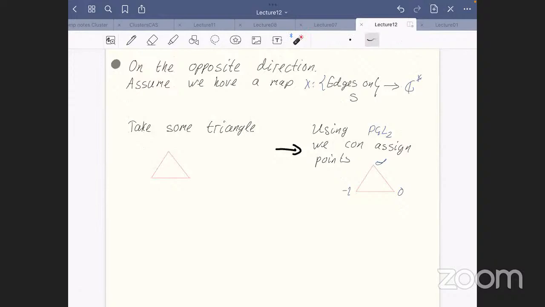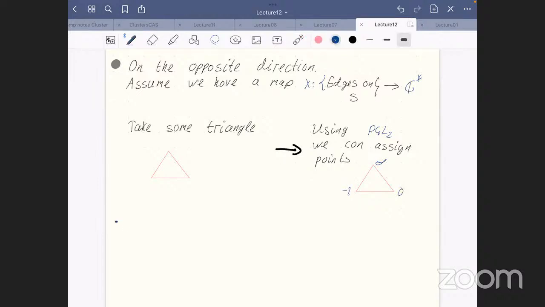PGL2 acts freely and transitively on the set of configurations of 3 different points. So using PGL2, we can send one of them to 0, another to infinity, another to -1. And if we have four points, this is where the cross ratio comes in.